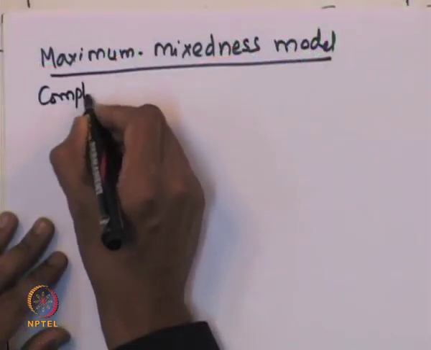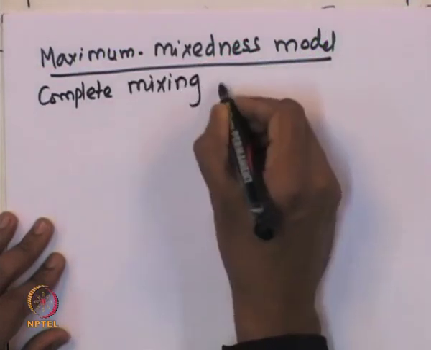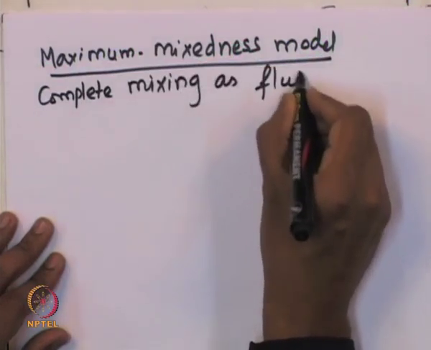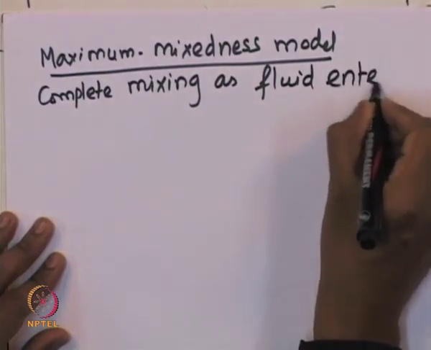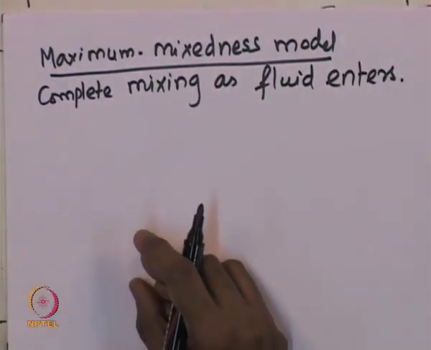So, maximum mixedness is achieved when there is complete mixing as fluid enters. As soon as they get into the reactor, all the globules can exchange matter with each other, and so there is complete mixing. So, the maximum mixedness is the complete mixing of the fluid right at the entry point of the reactor.